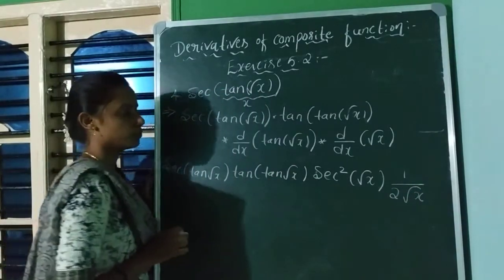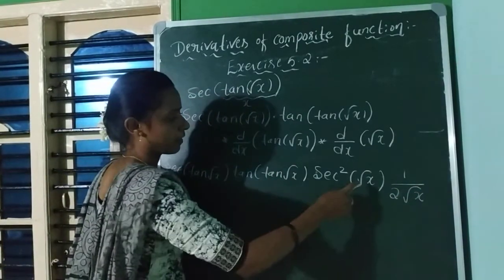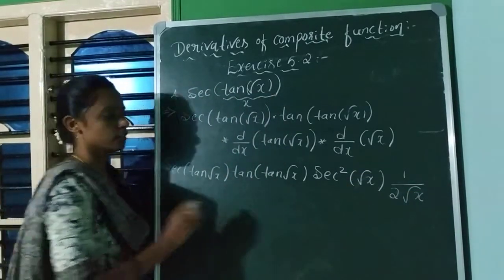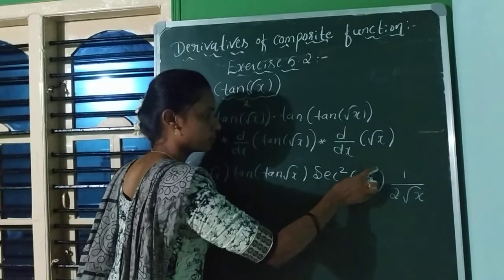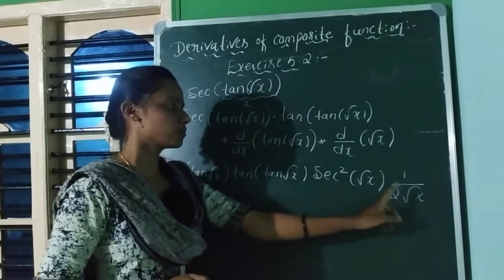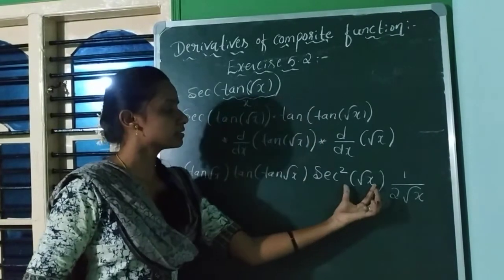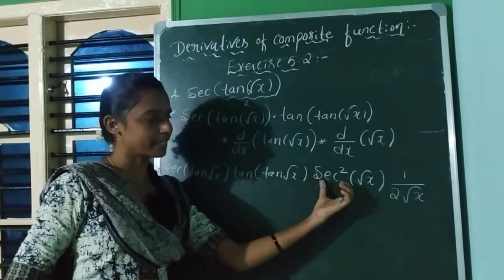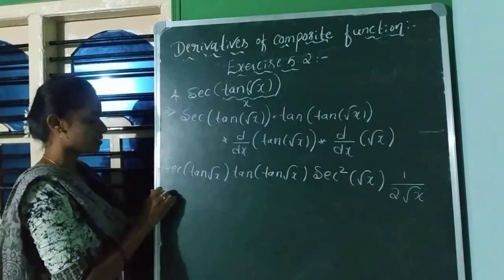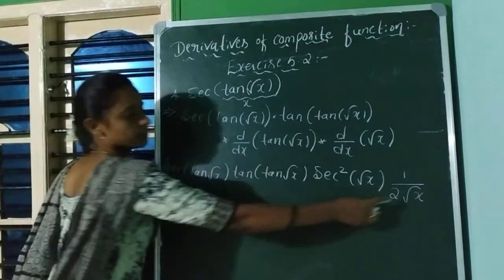Now don't use your overbrain, that is, don't cancel out this root x and the root x. Okay, most of you guys will do such a silly thing. Don't do that. You can't cancel out this root x and the root x because this is within a function. You can't cancel out the variable like that. So hence we can write, I'll just write the constant first.